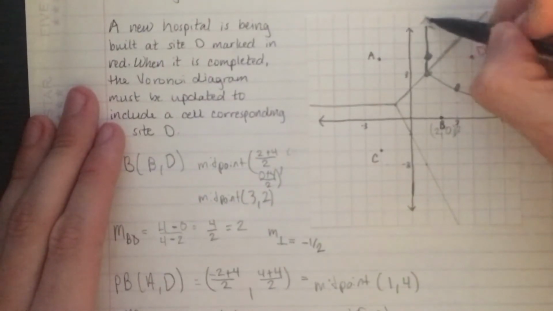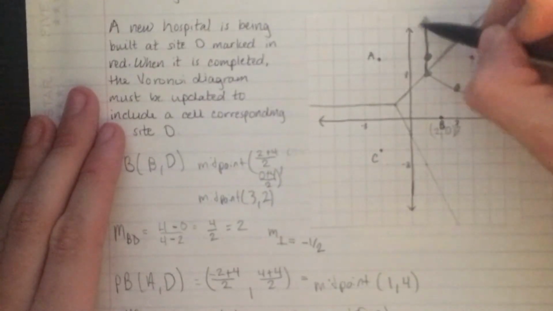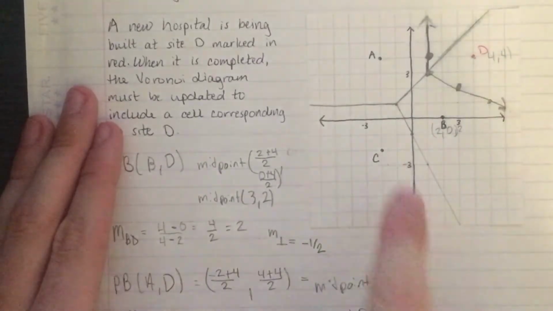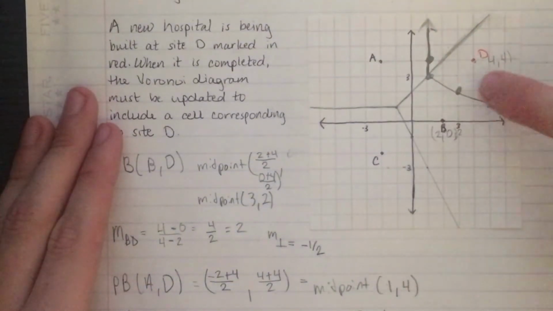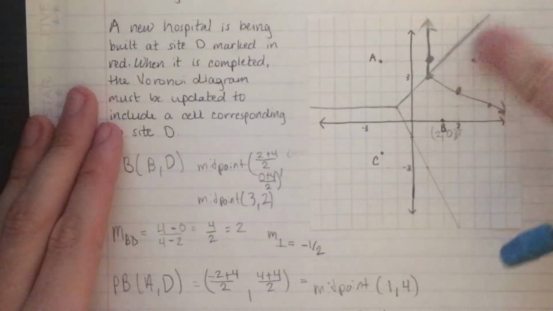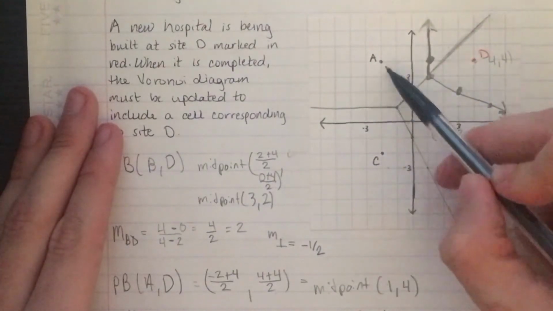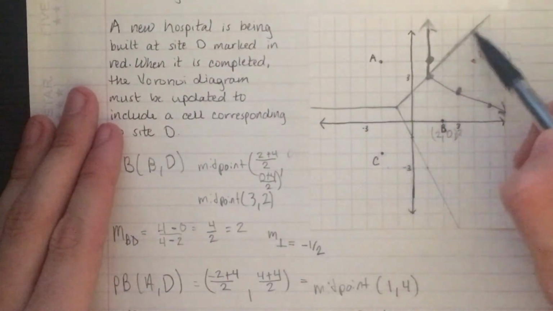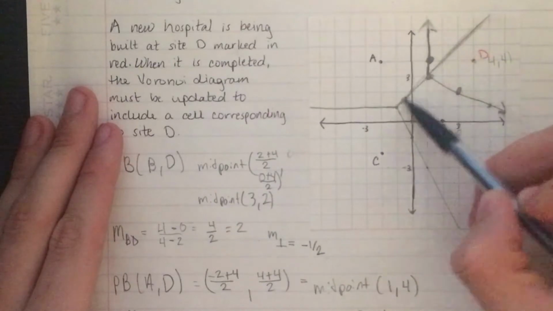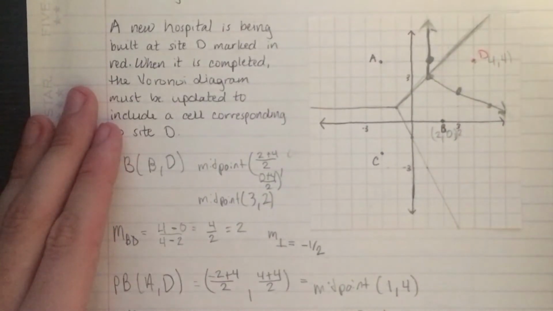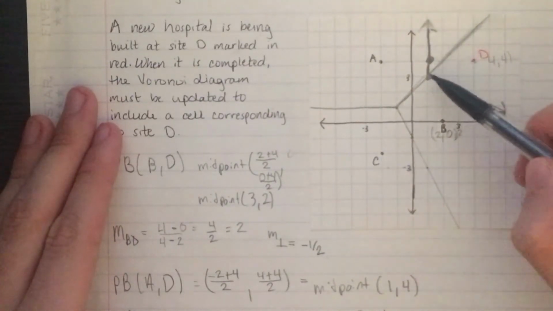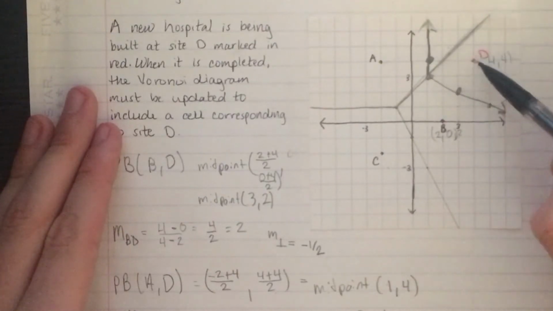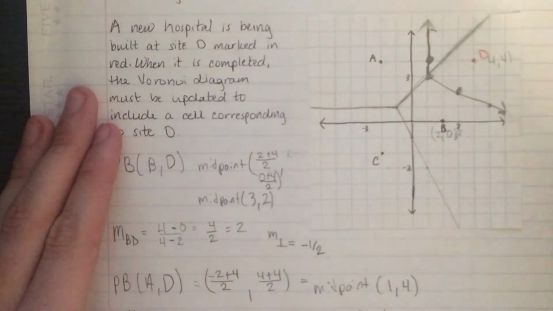I'm going on tape right now, so that's why that's a little choppy. And what you notice here, we've still got this little bit from this. This was the perpendicular bisector for A and B. And so now we're in a situation where this is cutting into D's area. We're going to have to actually erase this.